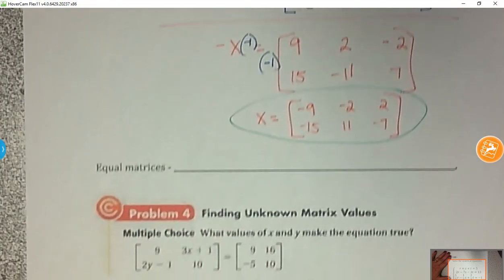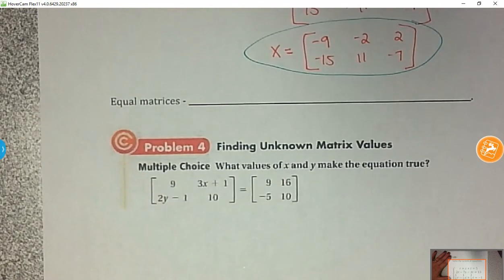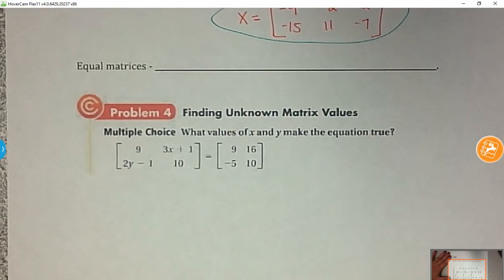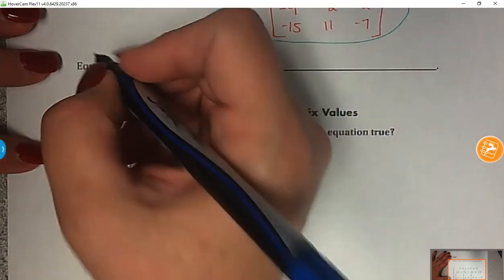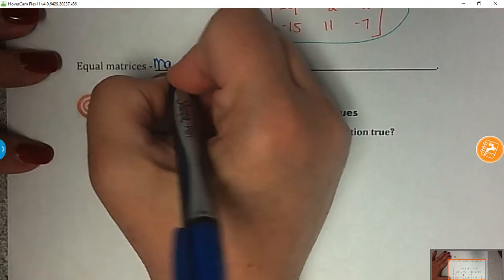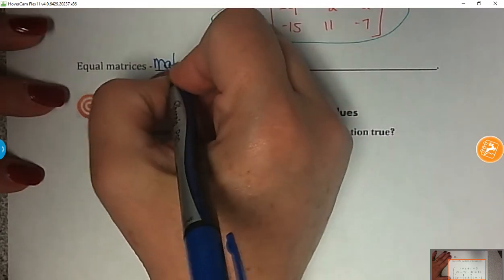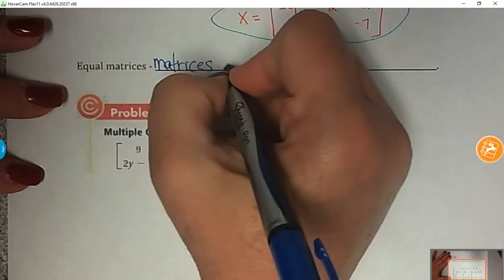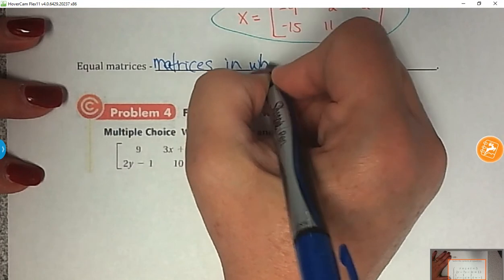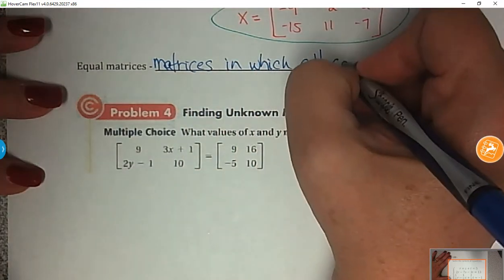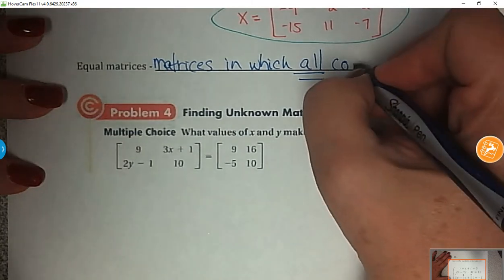So now, next, we're going to work with equal matrices. Our definition for equal matrices: two matrices in which all corresponding elements are equal.